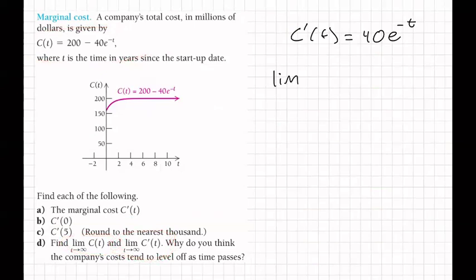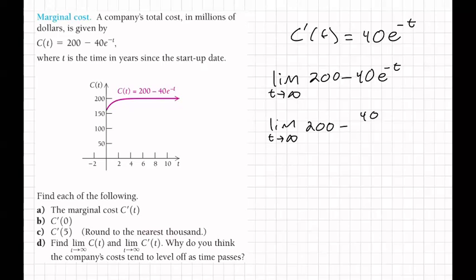We have the limit as t goes to infinity of 200 minus 40 e to the negative t. Now, from a limit perspective, a better way to write this is limit as t goes to infinity of 200 minus 40 over e to the t.